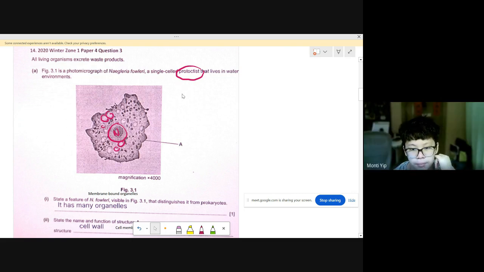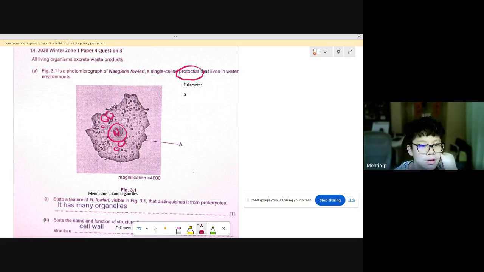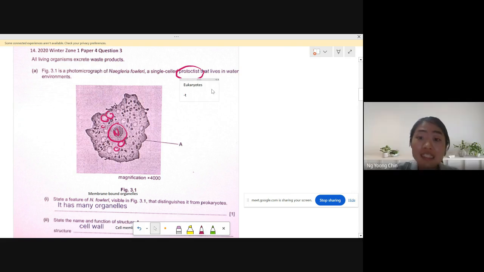Do you see the structure? It has a nucleus. Yes, first, it has the nucleus. This is the first feature you must think of. Eukaryote cells have a nucleus, but prokaryote cells don't. Both of them have DNA, just one has a nucleus and the other doesn't.